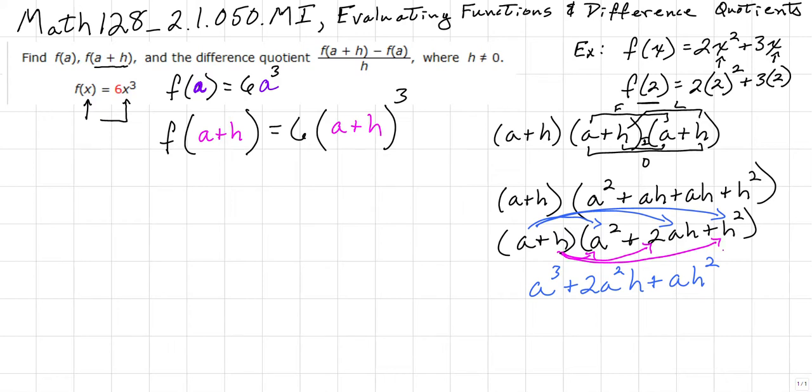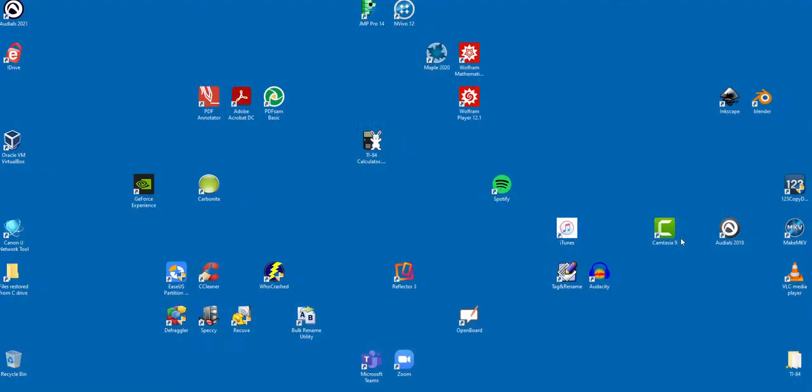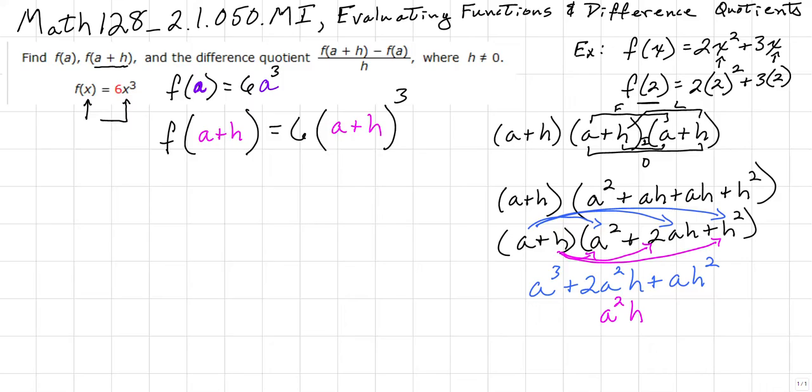And what I'm going to do is I'm going to line up my variables by order. So h times a squared is a squared h. And then I'm going to add to that h times 2ah, which will be 2ah squared.